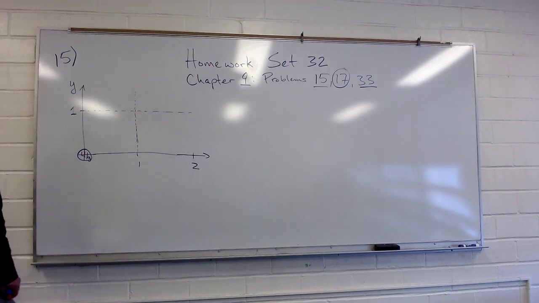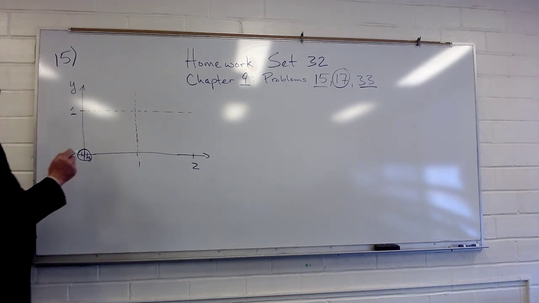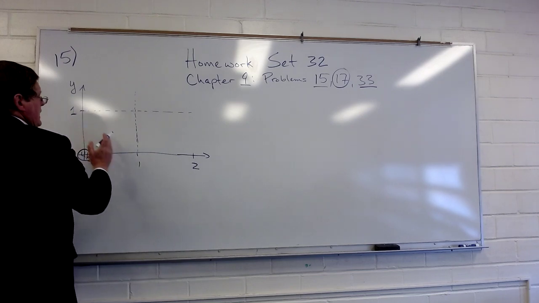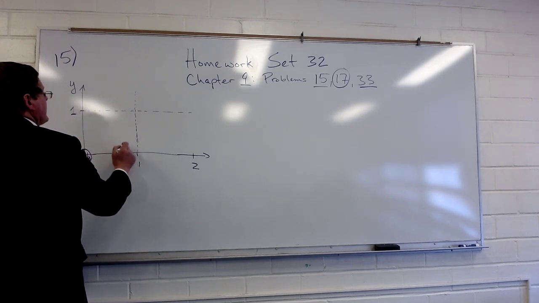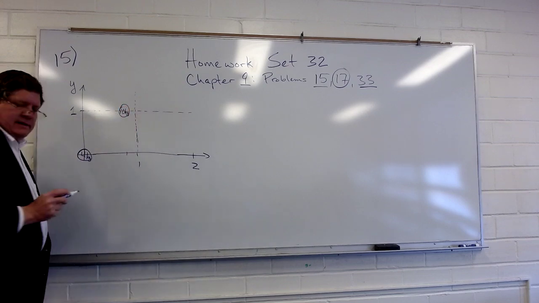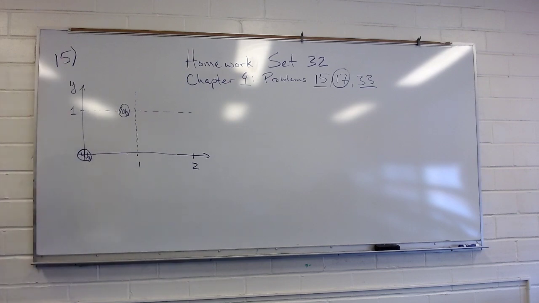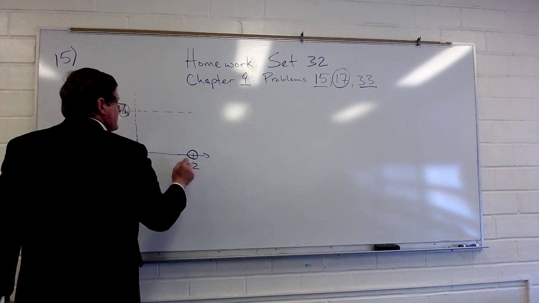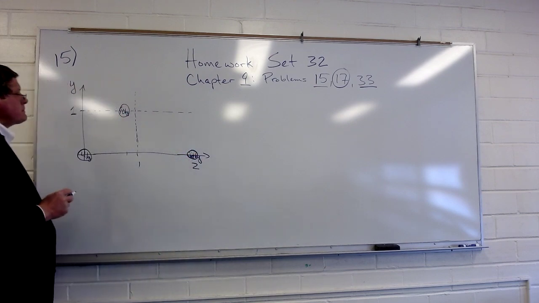And the second object has a y coordinate of 1 and an x coordinate of 0.8, and it's 10 kilograms. And then we have a third object that's right here on the x-axis, and it has a mass of 6 kilograms.